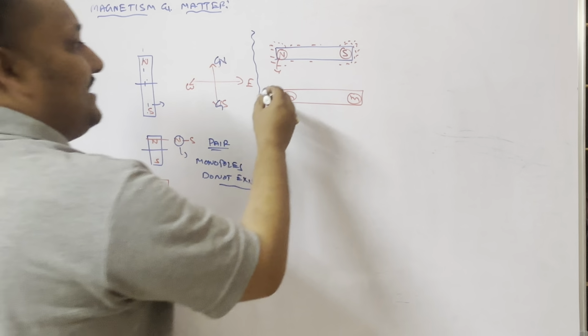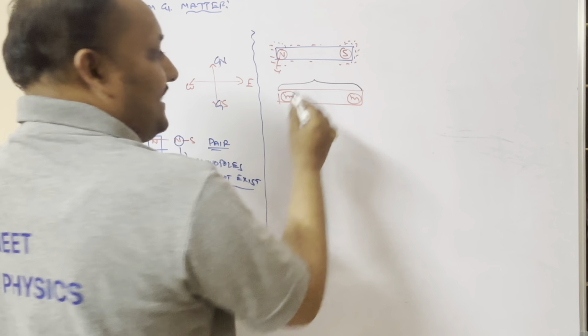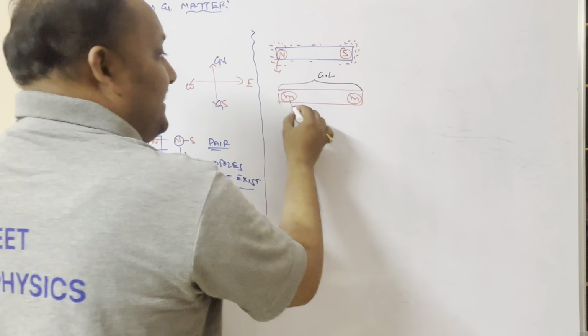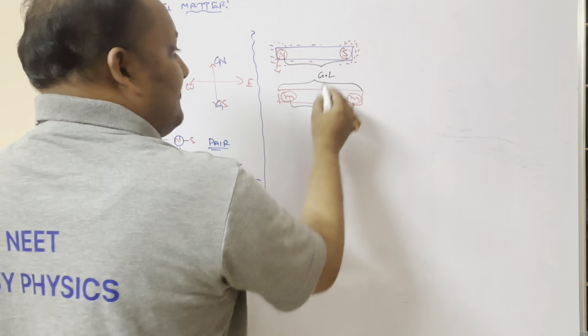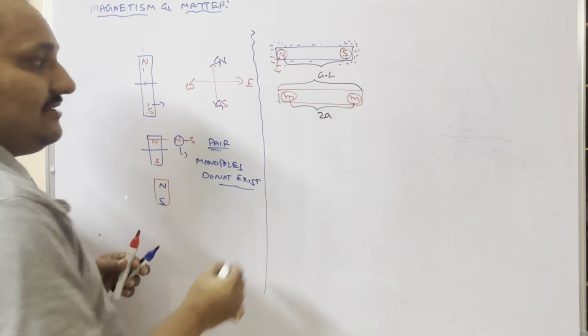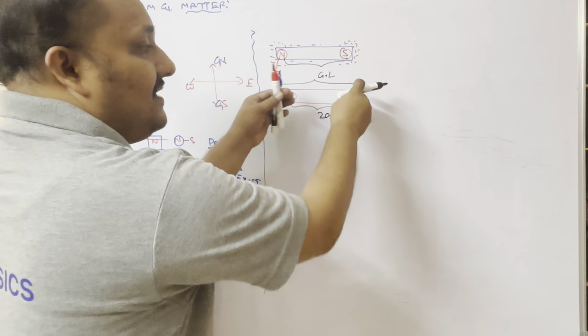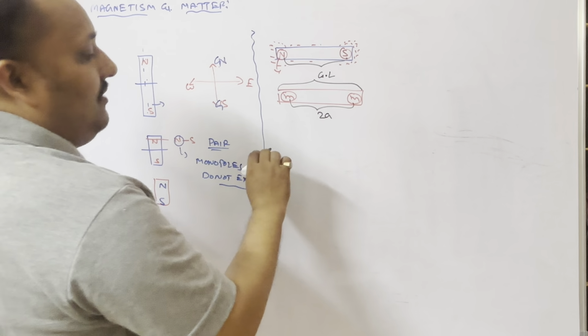The distance between the two ends of the magnet is called geometric length. The distance between the two poles of the magnet is called magnetic length. Magnetic length is always less than geometric length because the poles are inside the magnet.